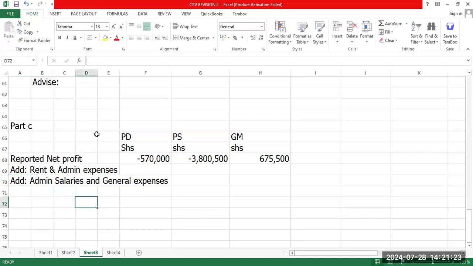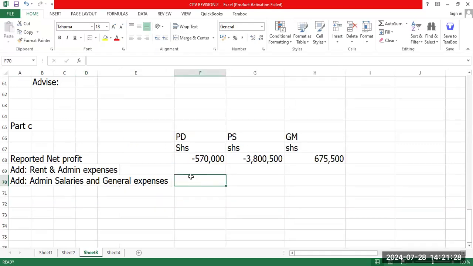That is your reason. You want to just make sure that you restate the net profit without these items. Then once you get the right figure for rent and admin, then also for admin salaries and general expenses, you subtract.